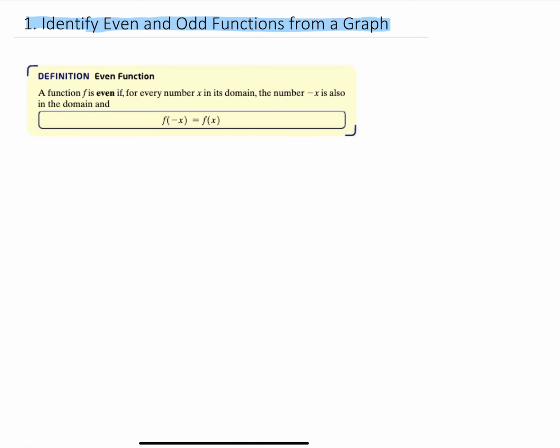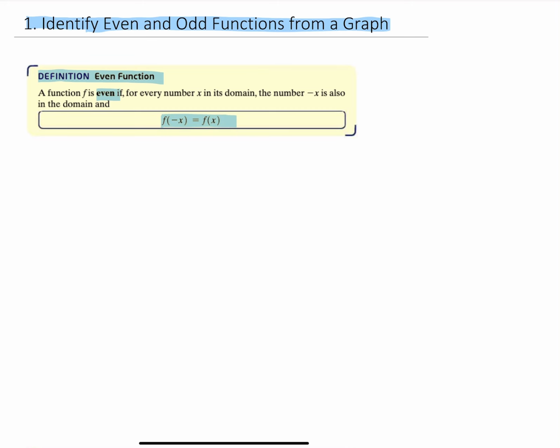So let's look at the definition of an even function. It says a function f is even if for every number x in its domain, meaning across its whole domain, the number negative x also being in the domain gives this relationship.